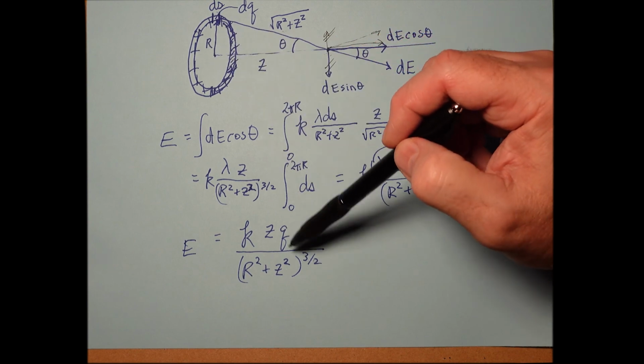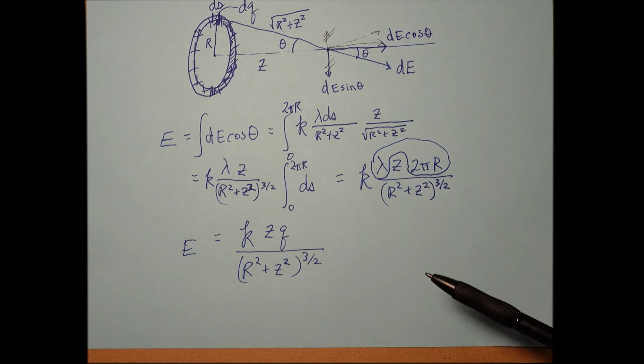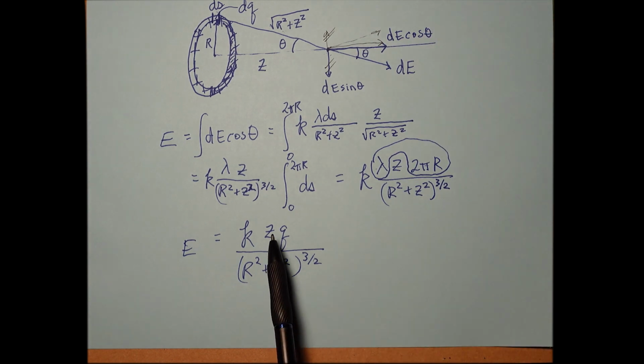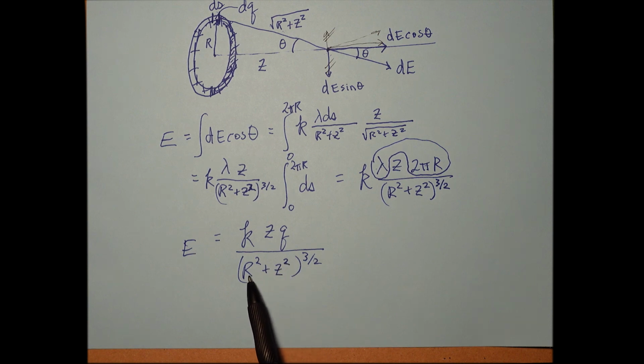So you expect no electric field as z goes to 0. Does it? I've got a z on top. As that goes to 0, E goes to 0, and we don't have to worry about dividing by 0 because we've still got this R. That makes sense.